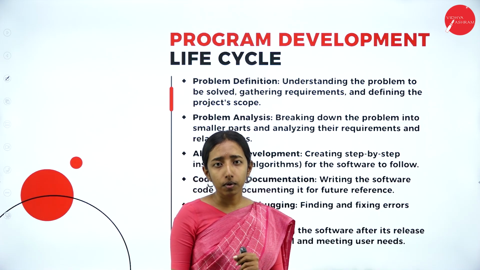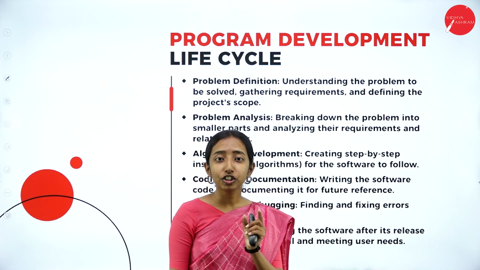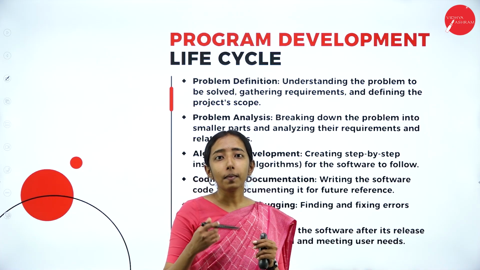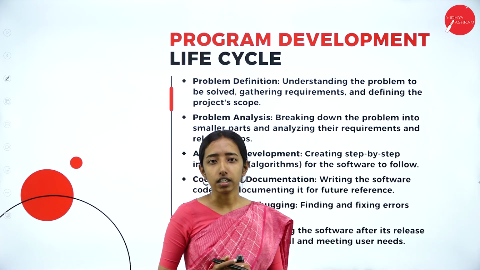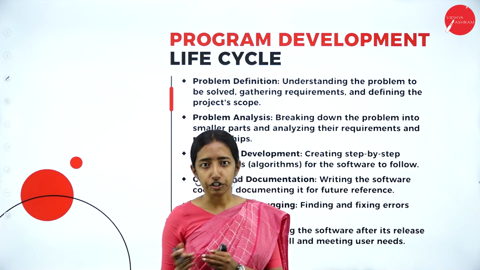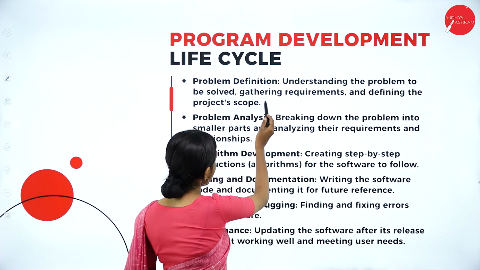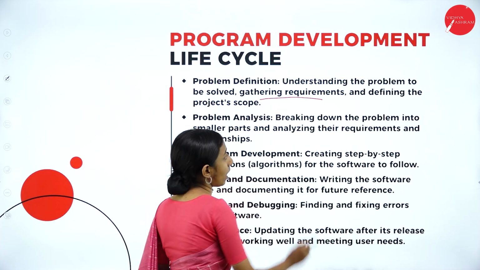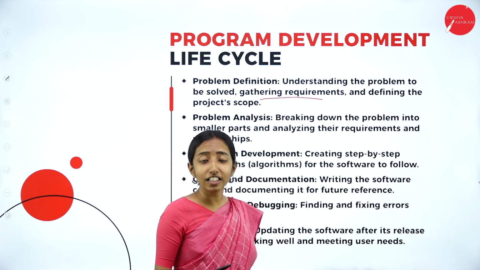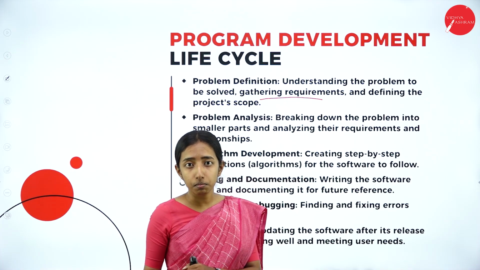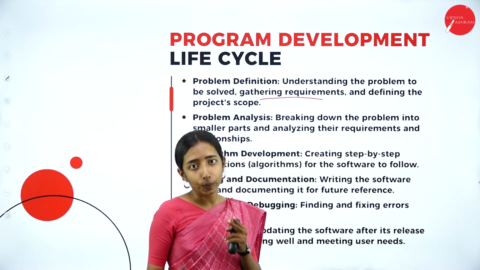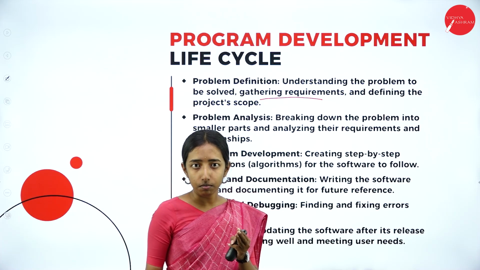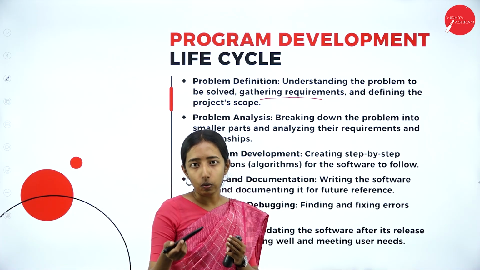So what is the problem? We have to add two numbers. We should make sure what the problem is here. We should gather the requirements. What is required for addition of two numbers? Do we require two variables or three variables? What requirements are needed?